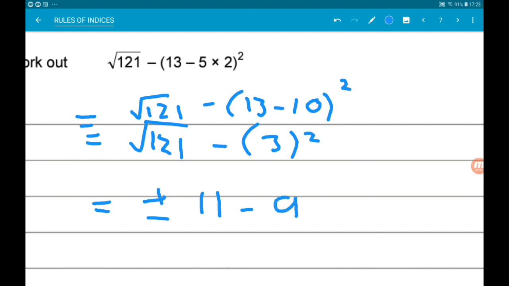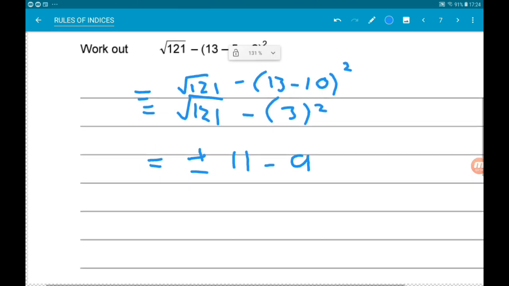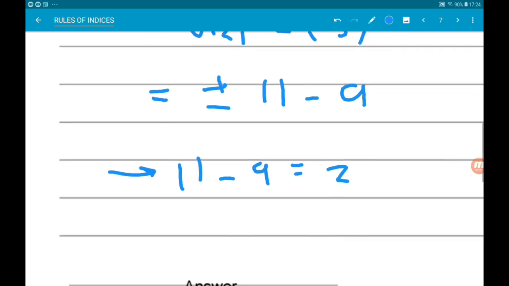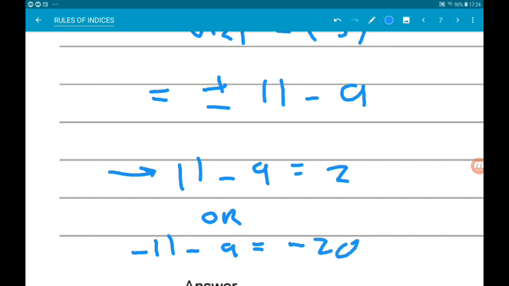So we have two possibilities. We have 11 minus 9 is 2, or minus 11 minus 9, which is minus 20. And I remember the mark scheme did want both answers, so this is something to be aware of. When you square root, you do get two answers.